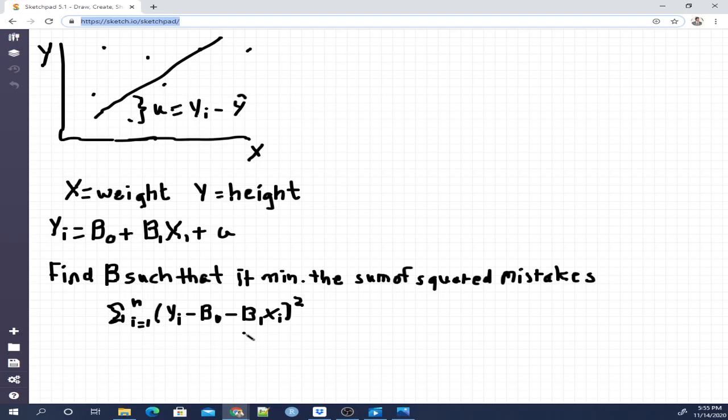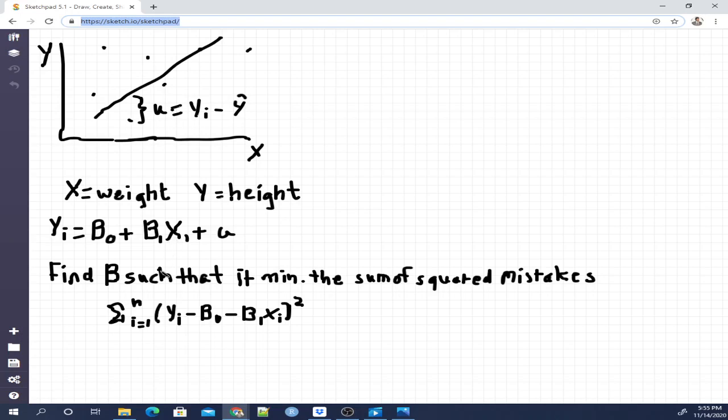So that's called minimizing the sum of squared mistakes. And that really involves some upper level stats and calculus, so we're not going to get into it. But just know that it comes up with the beta 0 and the beta 1, the actual values, using the minimization of the sum of squared mistakes.